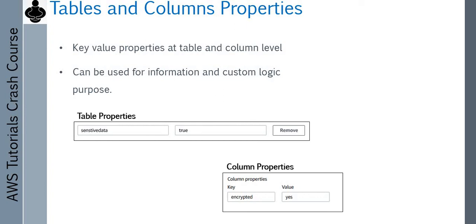So keep this in mind: not that you use this every day, but in certain use cases and scenarios, it makes perfect sense. You can attach custom properties to tables and columns, and then use those custom properties in your business logic to perform any kind of custom business logic. Okay.